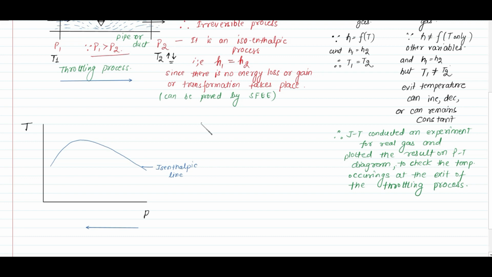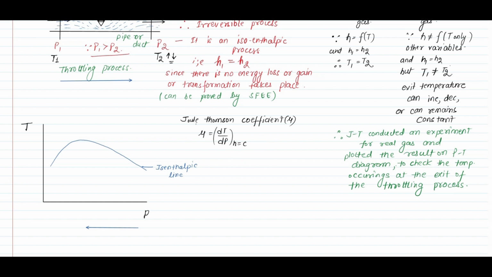Moving ahead in the throttling process, the Joule Thomson coefficient is represented by the symbol mu, and mu is equal to dT by dP at constant enthalpy.